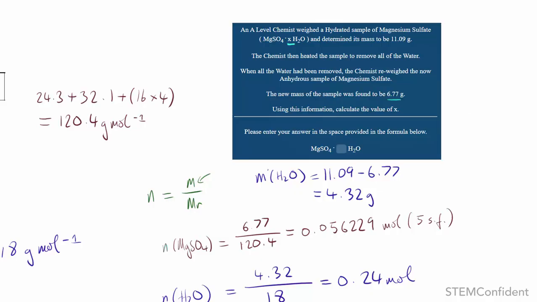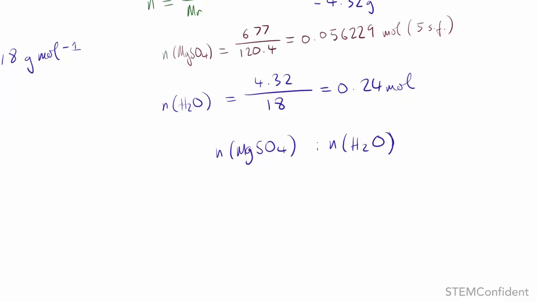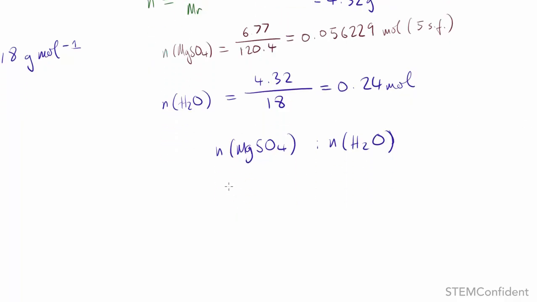So I'm going to say the number of moles of MgSO₄ as a ratio compared to the number of moles of H2O, so it's going to be 0.056229 as a ratio of 0.24, right?